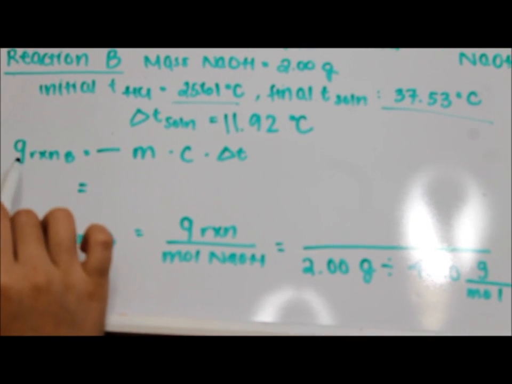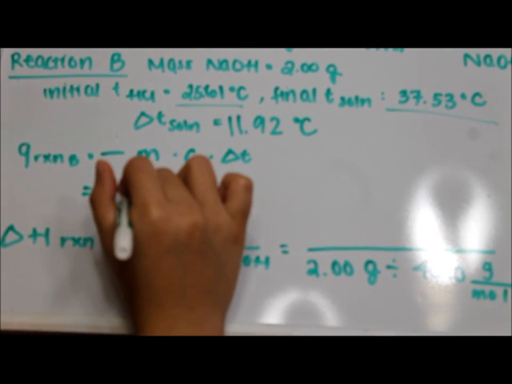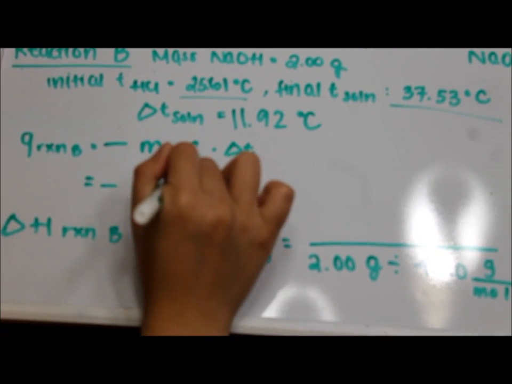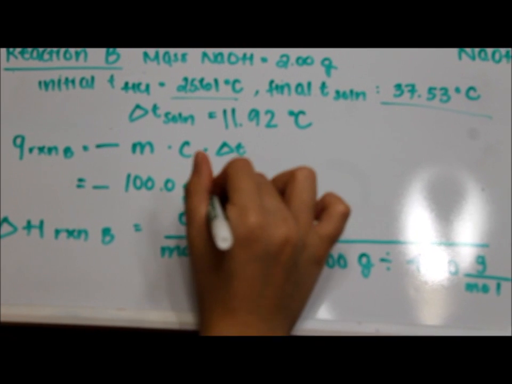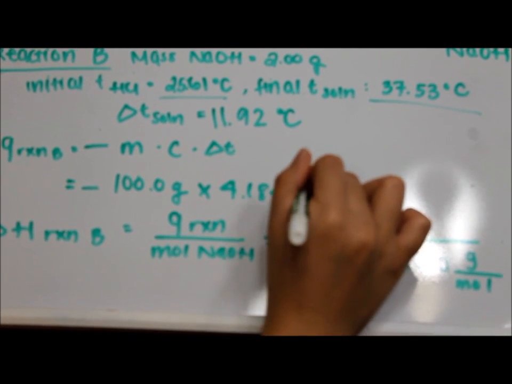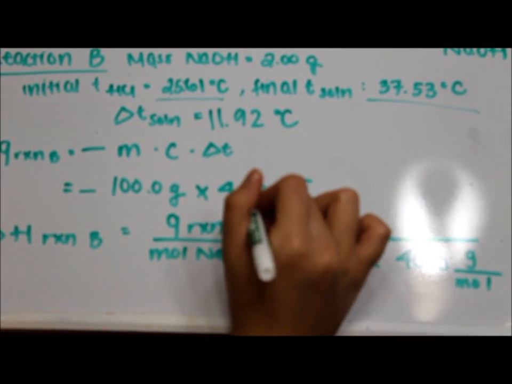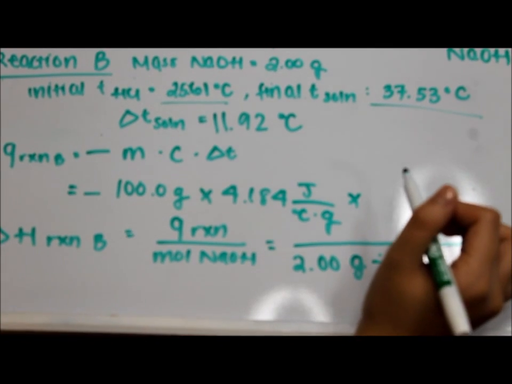We're going to use the same formula to find Q. And the mass of water, again, is 100 grams. The specific heat is 4.184 joules per degree Celsius times gram, because this is an aqueous solution.